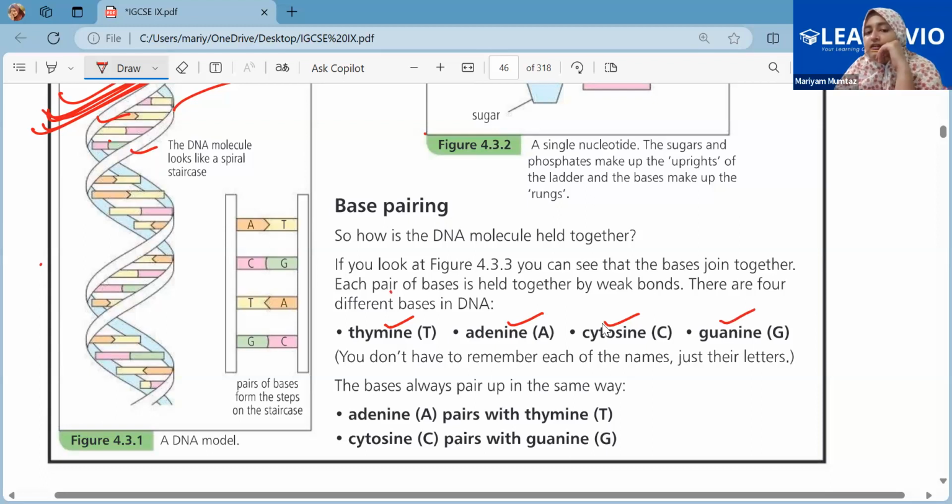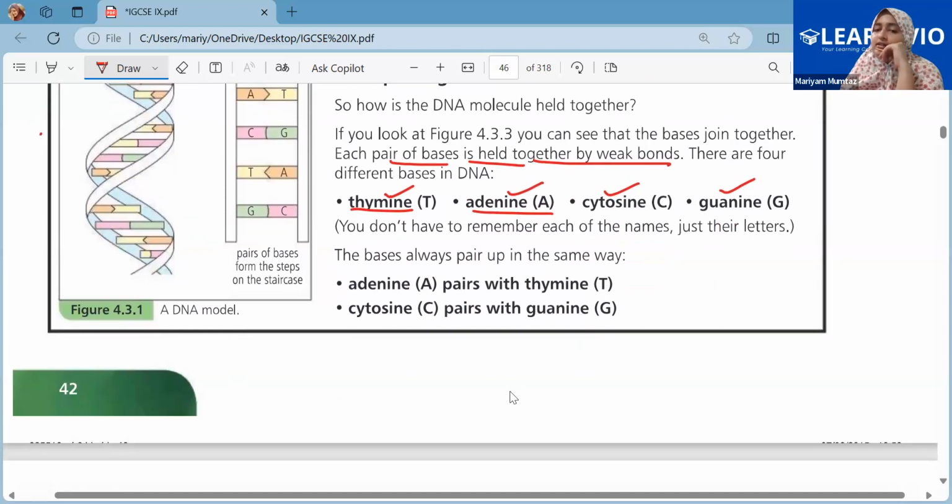So each pair of bases is held together by weak bonds, and there are four different bases in DNA: thymine, adenine, cytosine, and guanine. Adenine is denoted by A, thymine is denoted by T, and they will always pair up together with two hydrogen bonds.